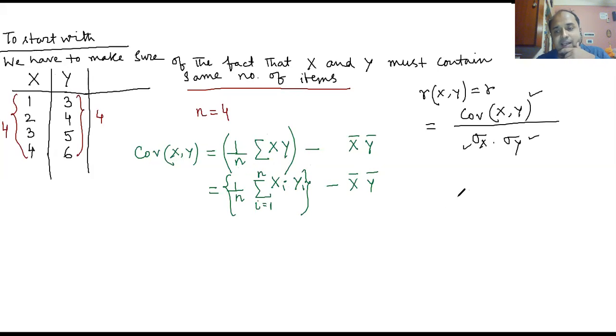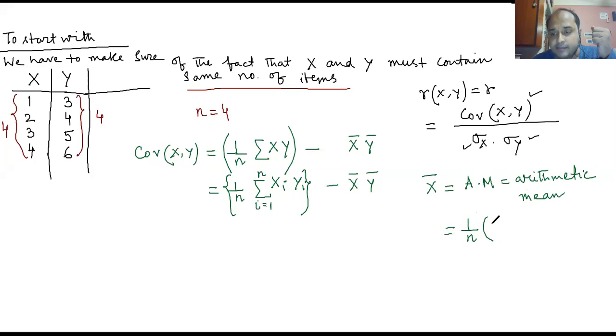What are x bar and y bar? X bar is the arithmetic mean. The other teacher is going to make you learn this topic, arithmetic mean. That means we take the items of x and find the summation, and then divide the sum by the total number of items. That is called the arithmetic mean.